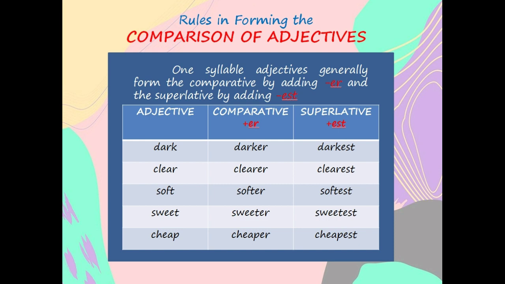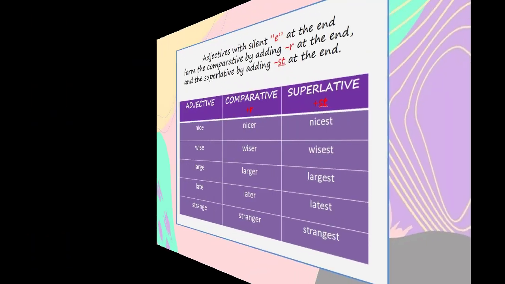Let us look at the example of an adjective which is dark. So the comparative degree is we add ER so it becomes darker, and for the superlative we add EST, it becomes darkest. So dark, darker, darkest, clear, clearer, clearest, soft, softer, softest, sweet, sweeter, sweetest, cheap, cheaper, cheapest.